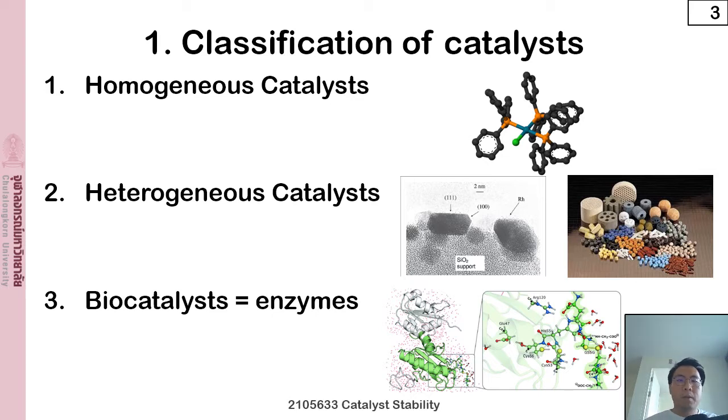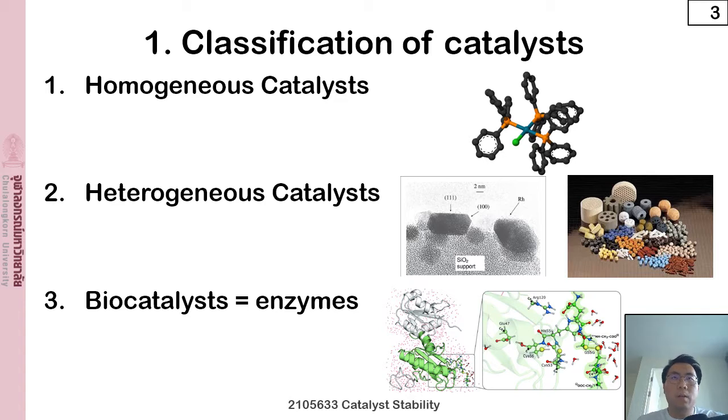The first one is the homogeneous catalyst. As you can see, the homogeneous means that the catalyst is in the same phase as the reactants and products. So this type of catalyst can be as simple as the organic acid, the inorganic acid.